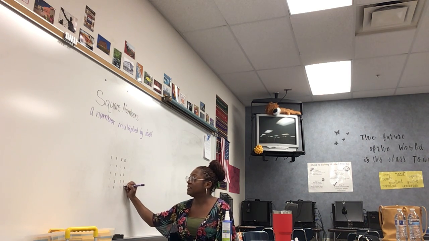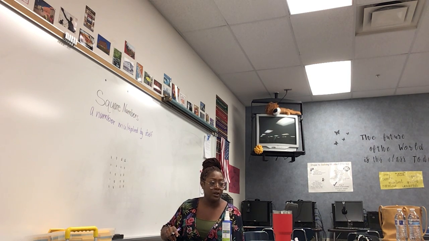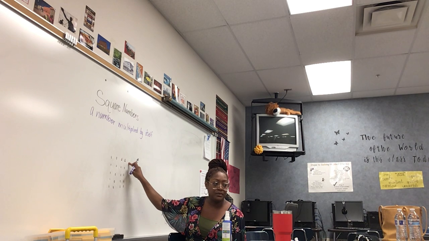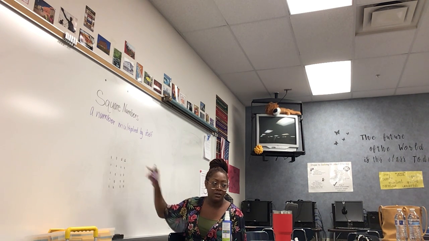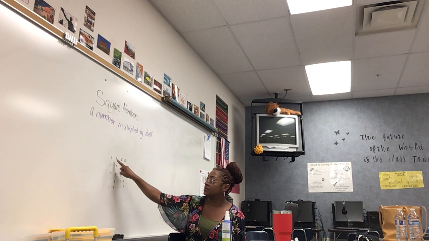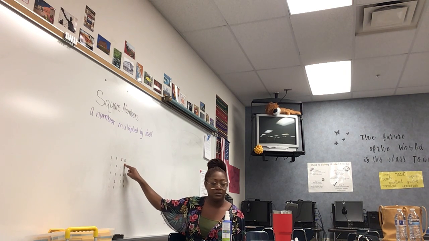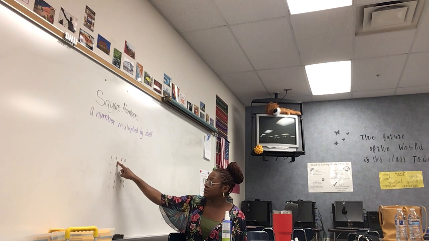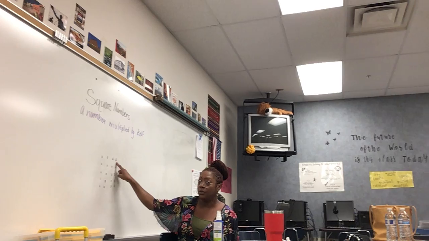And if we were to put this in an equation, what would our equation be? How many did I just point to? Brighton, watch my fingers. Brighton, count with me. 1, 2, 3, 4.